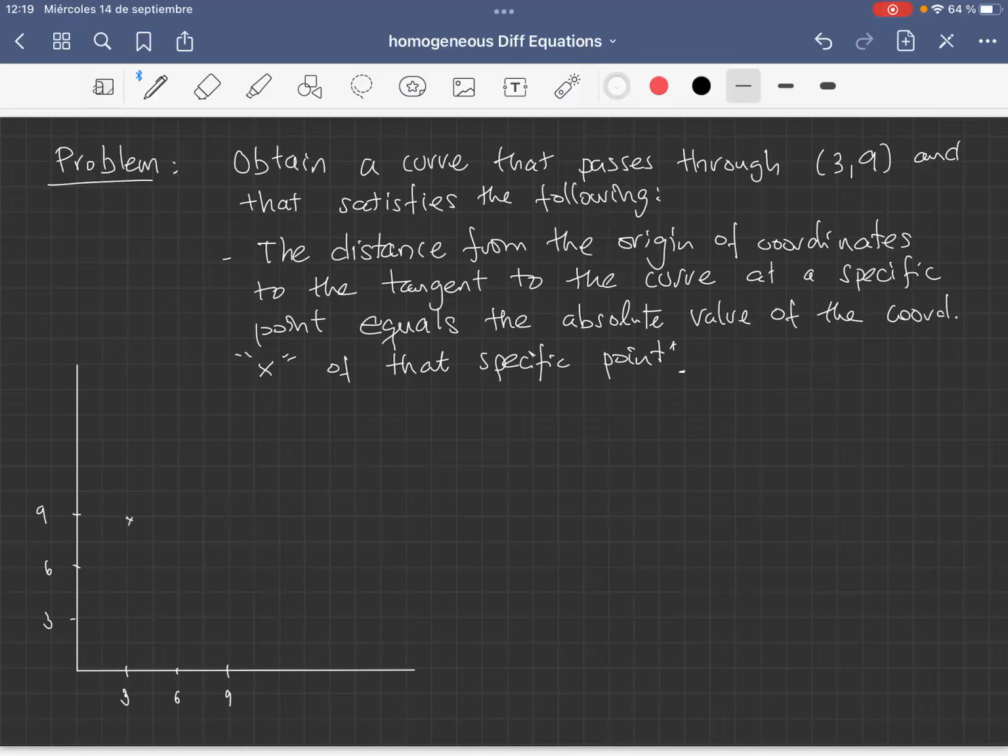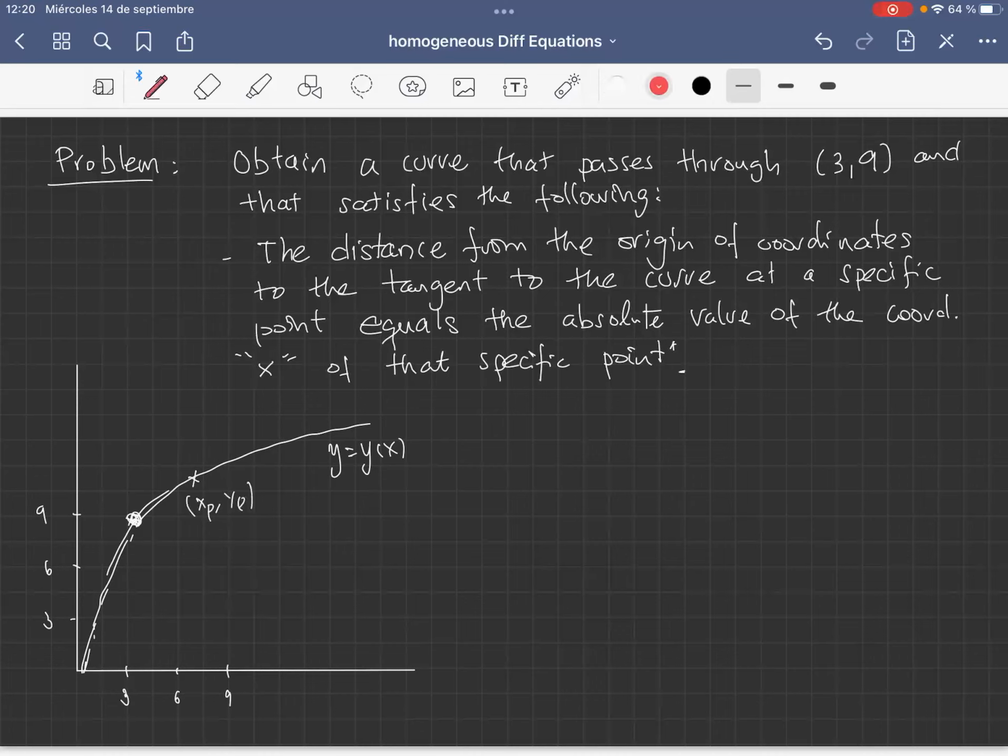So it's going to be a curve. I have no idea what kind of curve this is, so let's put a curve like anything like this, for example. This is going to be a curve y depending on x. And I choose a random point, let's say (xp, yp).